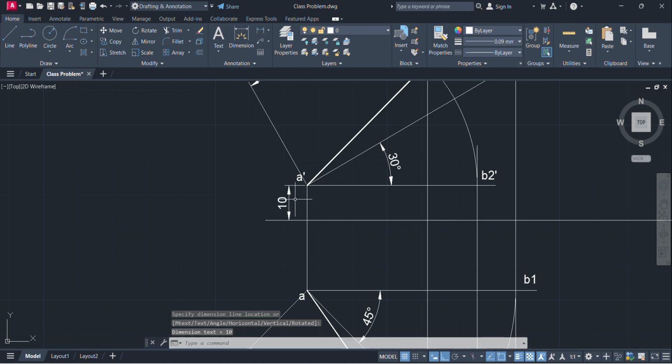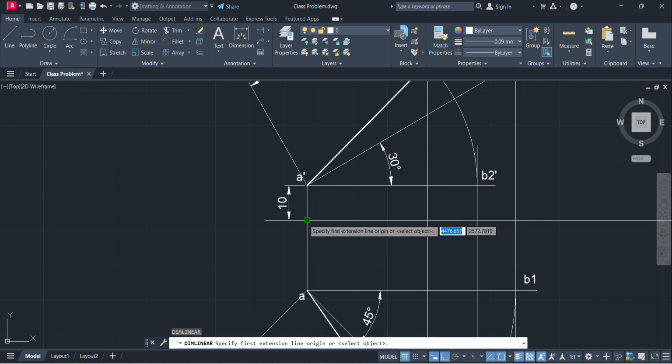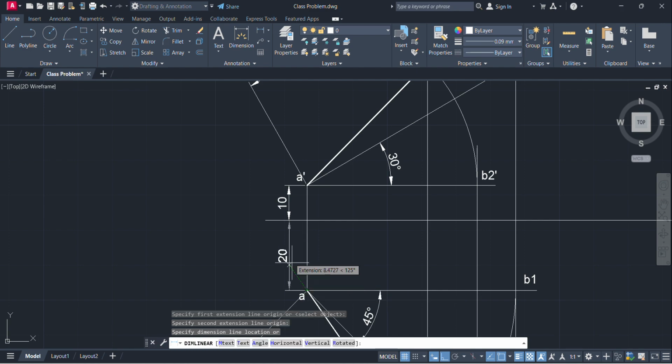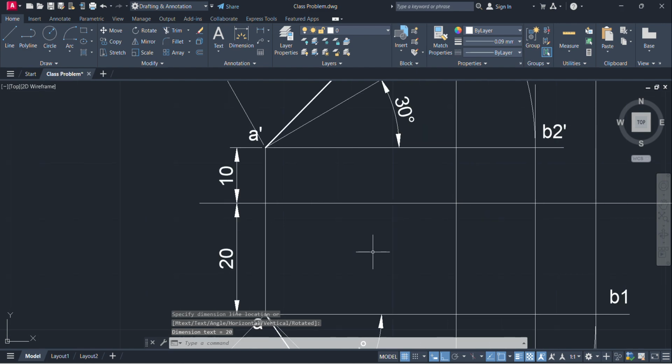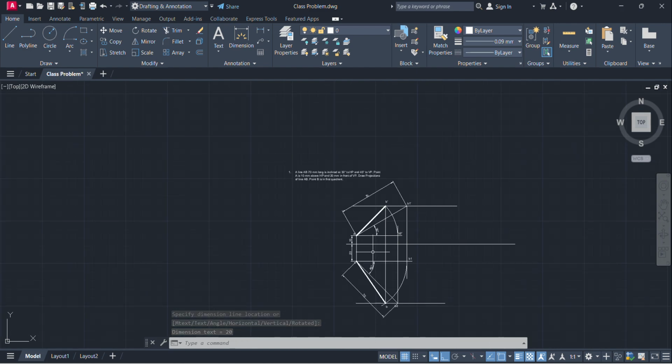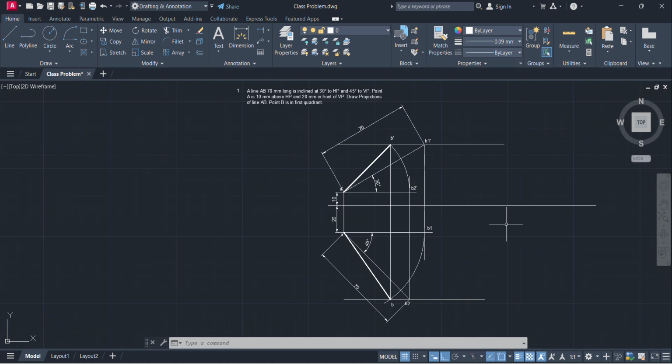That also I will have to ensure. So point A was 10 mm above HP and 20 mm in front of VP. So with this much we have completed the problem correctly, and this is the solution which can be drawn for the given problem.